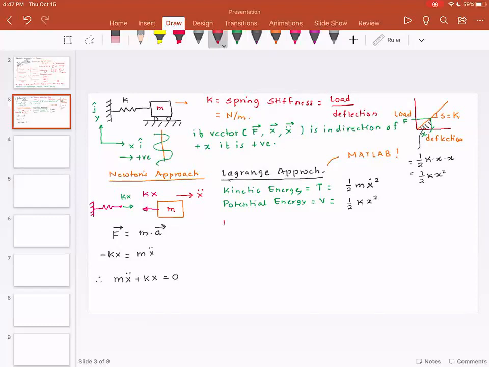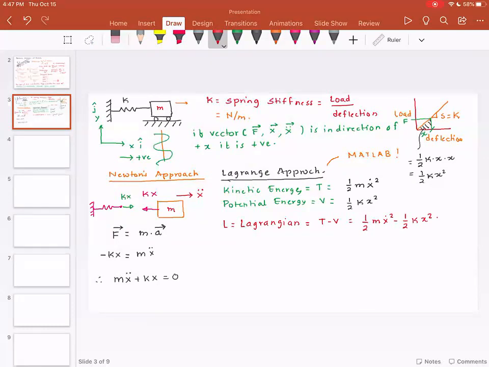I'm going to define something called L. L is called the Lagrangian, and that is the difference between kinetic energy minus potential energy, which is 1 half m x dot square minus 1 half k x square. And once you find the Lagrangian, for every robot that we are going to solve, we are going to find the Lagrangian.